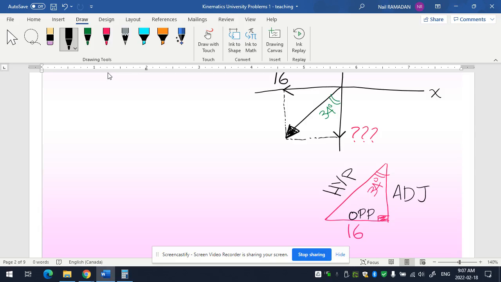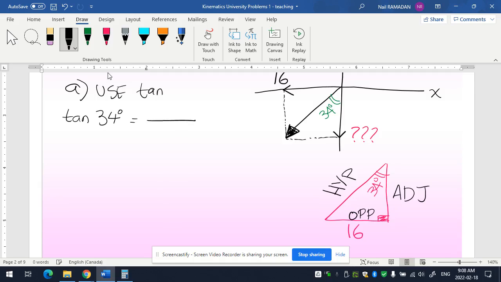It's the only one that is completely not caring about the hypotenuse. So for part A, everyone, use tan. Okay, so tan of 34 degrees equals opposite over adjacent, which means, okay, what's tan of 34?